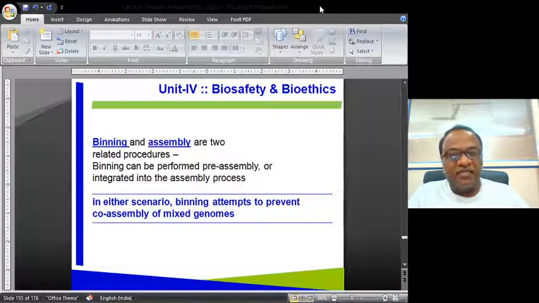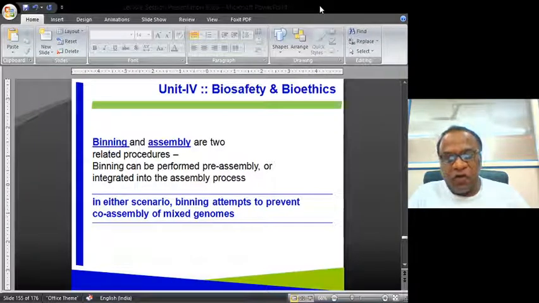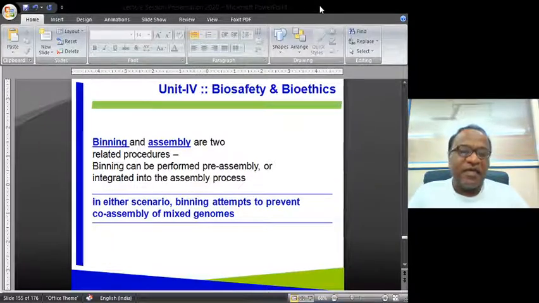So binning and assembly are two related procedures. They are not unrelated or totally independent procedures. Binning can be performed prior to the assembly of the genome sequence, or it can be integrated in the process of assembly itself. That means when you are carrying out the assembly, you can integrate the process of binning into the assembly.